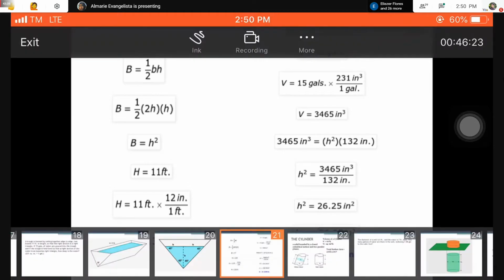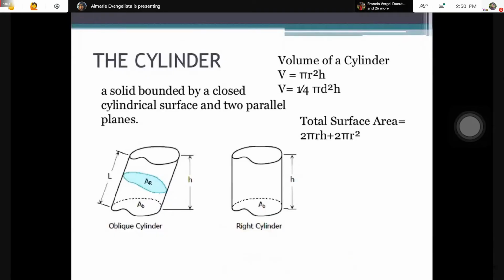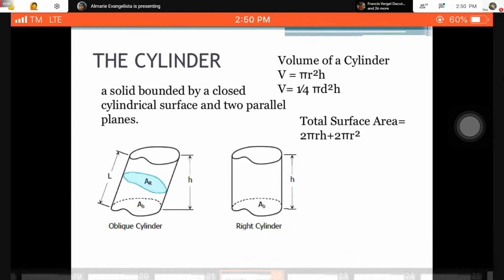Now, the cylinder. Compared to the prism, they have the same concept of volume: the area of the base times the height. If you remember, the area of a circle is pi r squared, so the volume of a cylinder is pi r squared h.